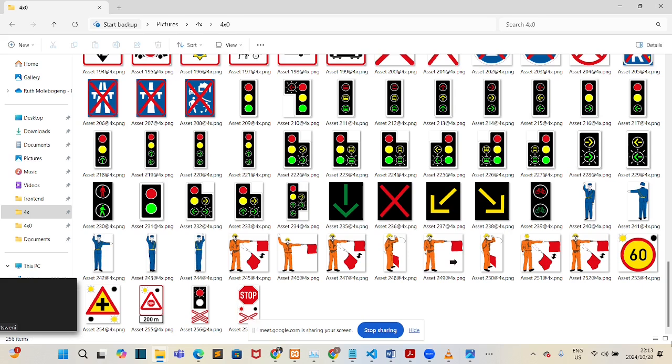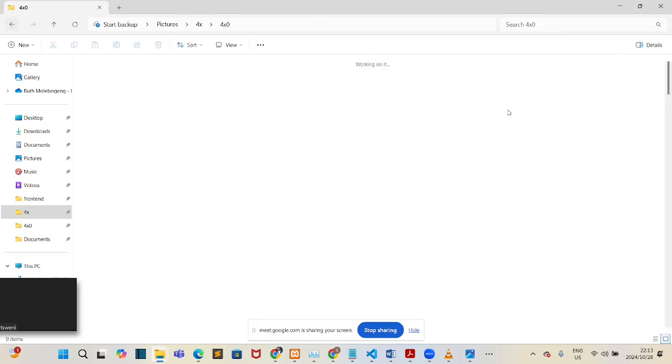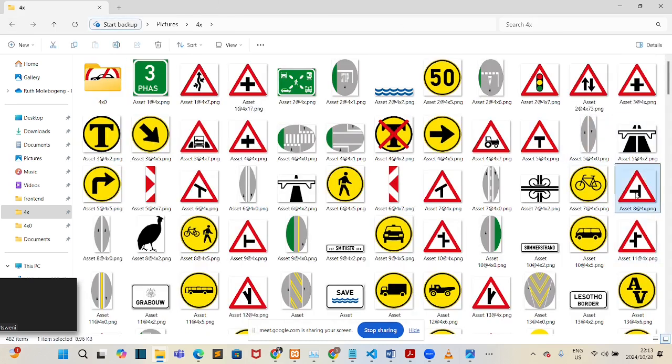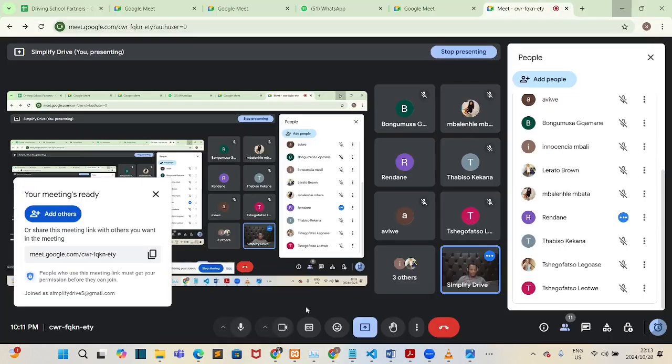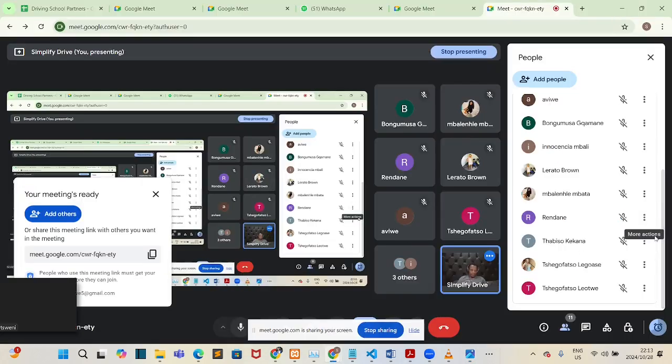Remember, regulatory can be command, can be control, can be prohibition. All of those are regulatory signs. All right, yeah, let's move on. Next question. You are given this sign. Let's see, who are we picking for that?